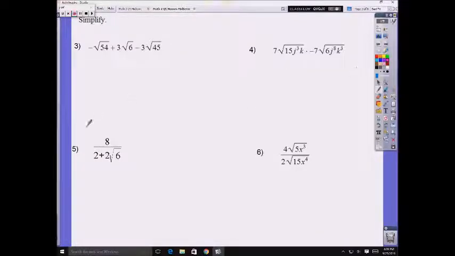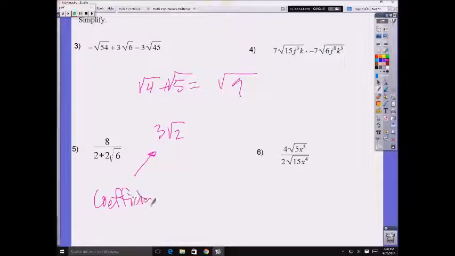Alright. Too many of you guys are still doing this. You're doing square root 4 plus square root 5 equals square root 9. That is no. Remember this, if you have 3 square root 2, this number is your coefficient, and this is your unit.